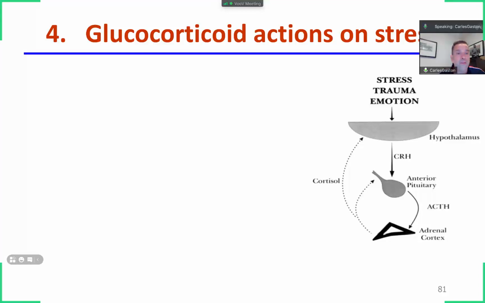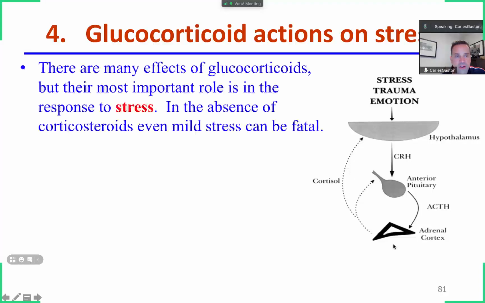So again, if we go into this little pathway, right? So stress, trauma, hypothalamus, production of CRH, anterior pituitary ACTH, adrenal, and cortisol negative feedback loop. There are many effects of glucocorticoids, but their most important role is in the response to stress.